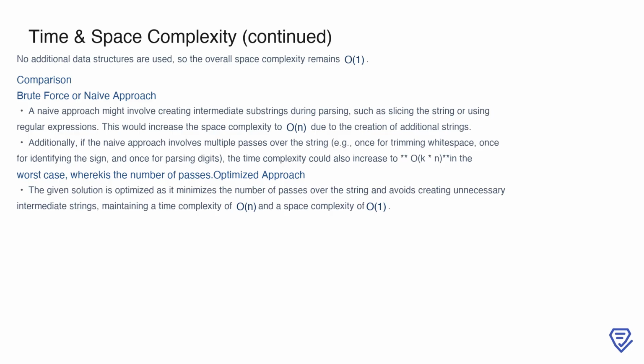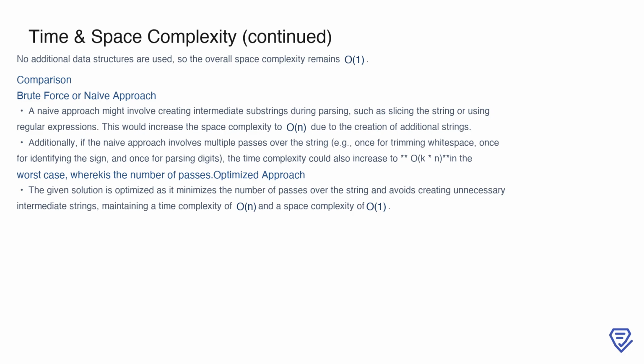Let's consider how this compares to a naive or brute force approach. A less optimized solution might involve creating intermediate substrings during parsing, for instance, by slicing the string or using regular expressions. This would lead to an increased space complexity of O(n), as these intermediate strings require additional memory.